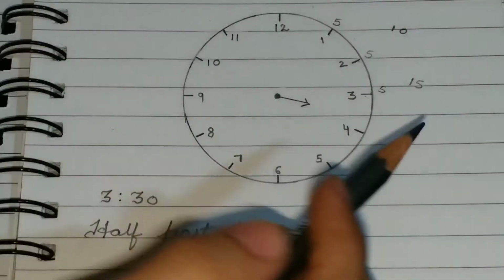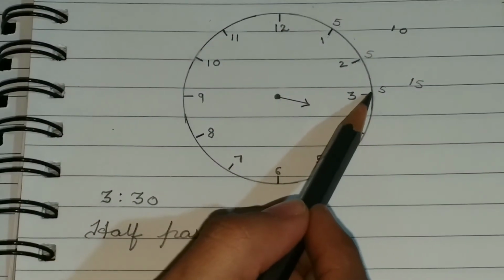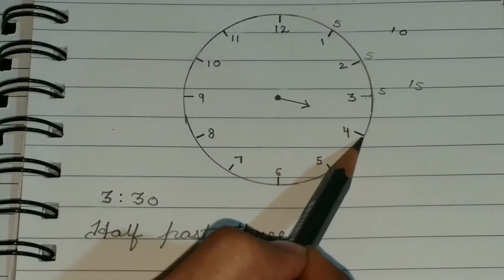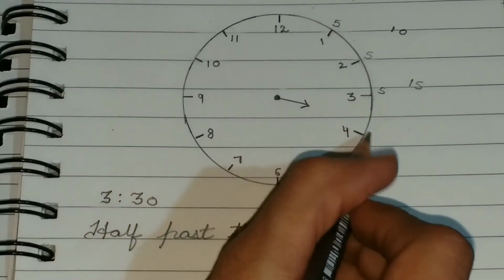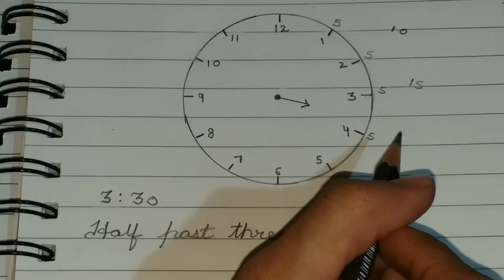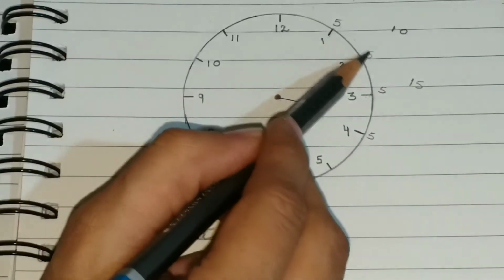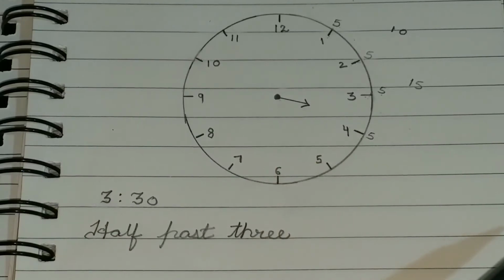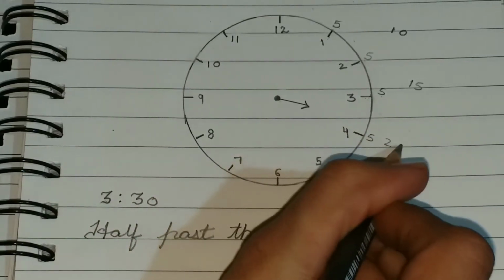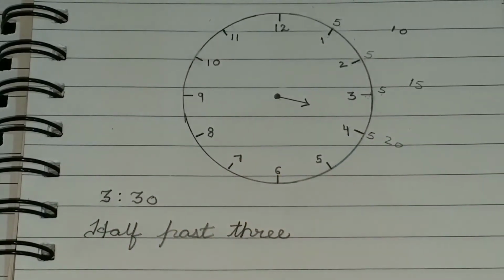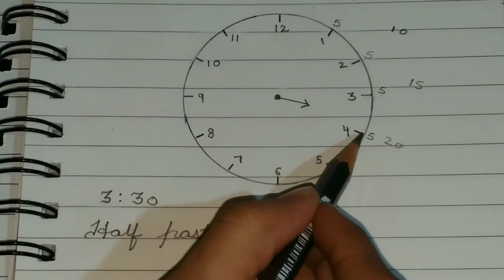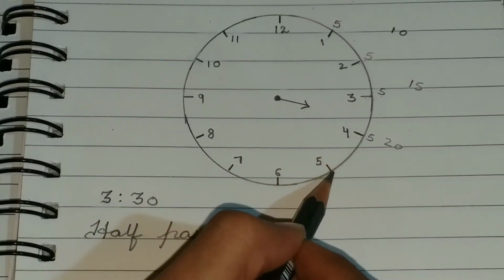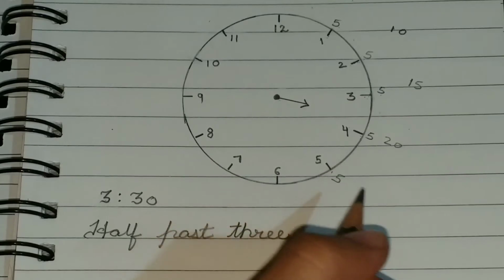Okay? Now when it is going to move from 3 to 4, it is again going to cover 5 more minutes. So now 5 plus 5 plus 5 plus 5 becomes what, children? It becomes 20. Now again when it moves from 4 to 5, it will cover 5 more minutes.